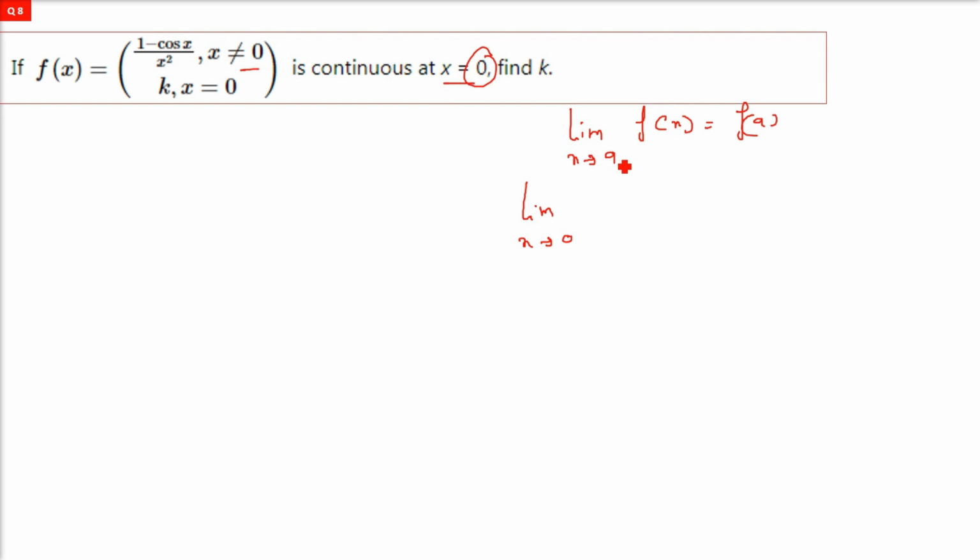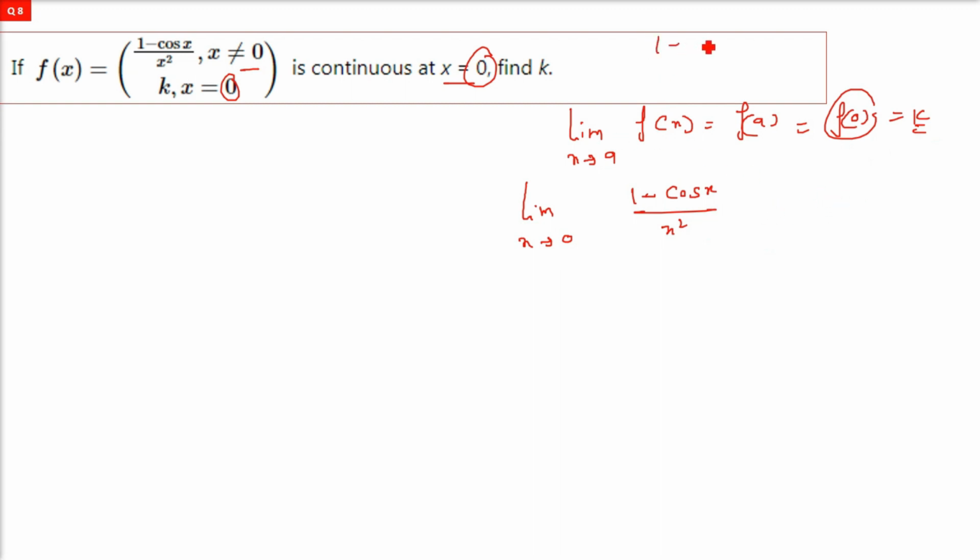So the limit as x tends to 0 of (1 minus cos x) divided by x square. F(0) is k, already given in the question. So whatever we solve here, we will equate to k.